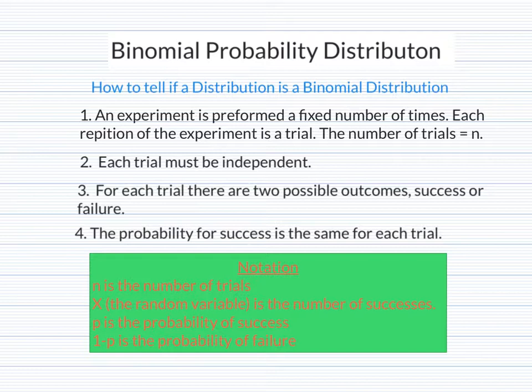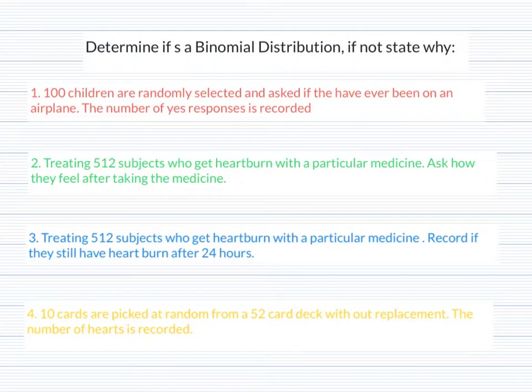Now let's look at some examples where we need to determine if the situations given are a binomial distribution or not. The first example says 100 children are randomly selected and asked if they have ever been on an airplane. The number of yes responses is recorded.